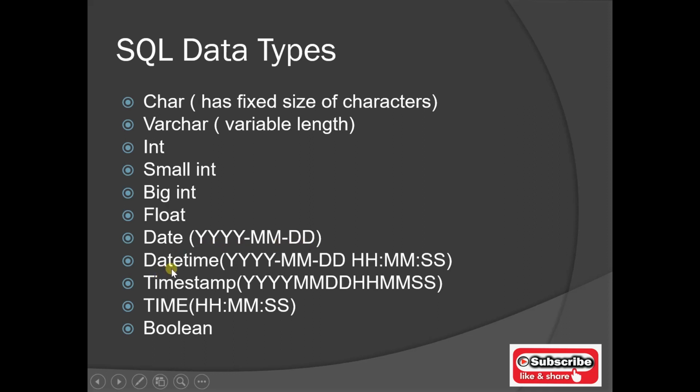We can have combination of date and time also, datetime, which contains year, month, date, hour, minute, second. Then if we specify timestamp, it contains everything like this: year, month, date, hour, minute, second. Then we can have time also, in which we can specify only time, hour, minute, second. And we have boolean data type also. So these are the various data types which we can apply while creating the tables.